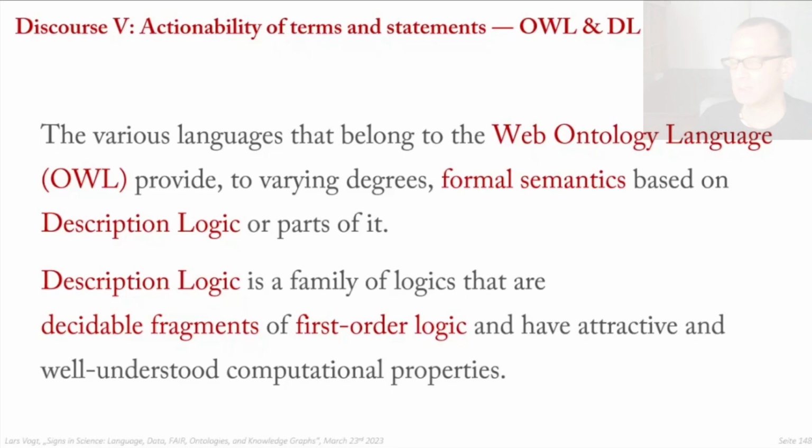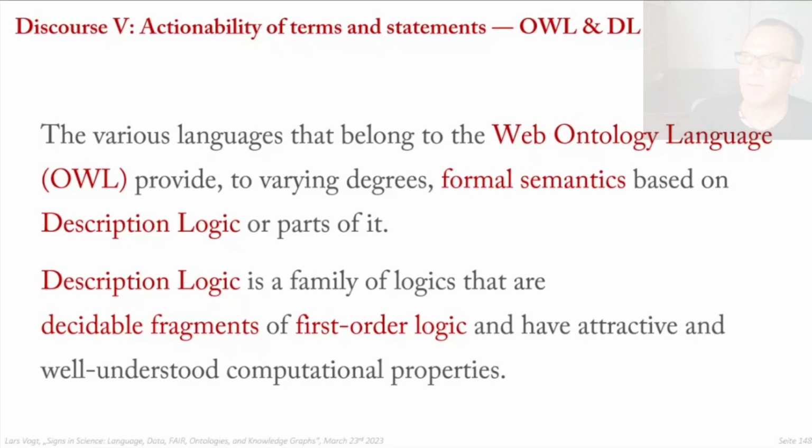So decidable, what does that mean? Well, in general, you can understand it as: if you had an infinite amount of time, then the reasoner would terminate a certain reasoning activity. It would come to an end with a solution.